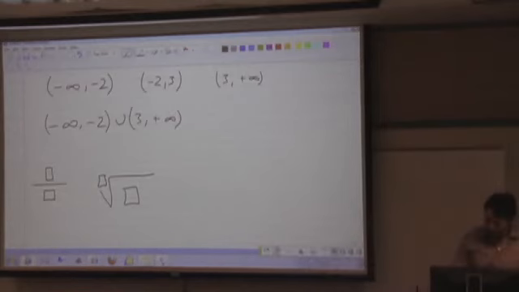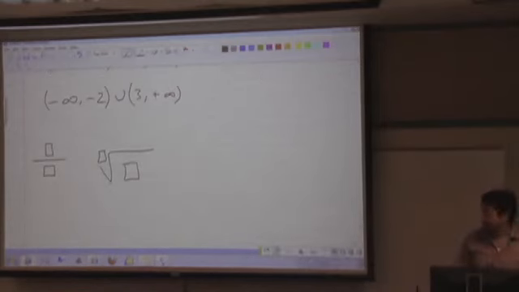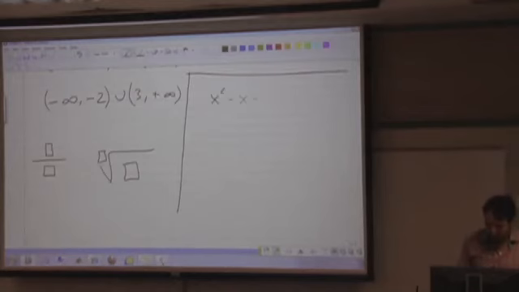Now, the last thing that I want to talk about, because I on purpose came up with that particular problem for a reason. Let's come back to the inequality x squared minus x minus 6 bigger than 0. For the sake of the argument, let's think about the function f of x is equal to x squared minus x minus 6.